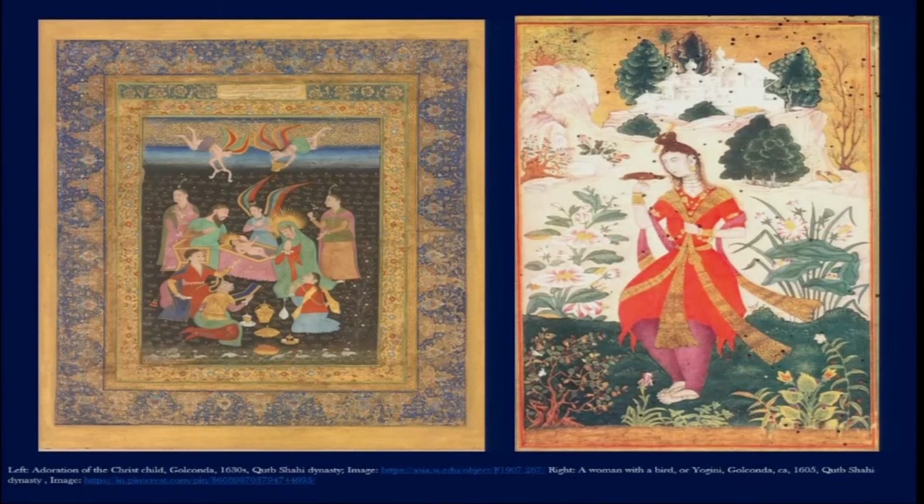So these different traditions and different implications were there in the Deccani miniature paintings, for example, the ones that we are seeing here from Golconda, or the ones we have seen from Bijapur. With them, we find certain similarities and differences with the Mughal court and the courts of the Deccan.